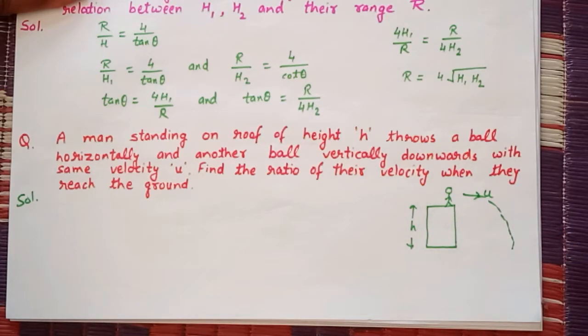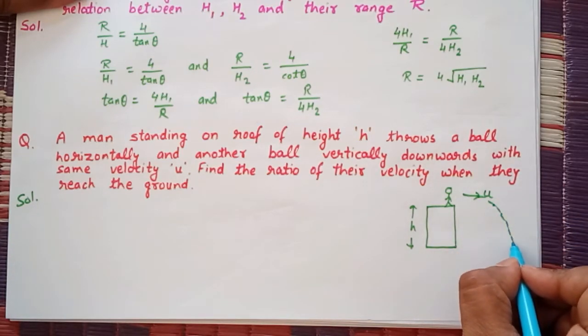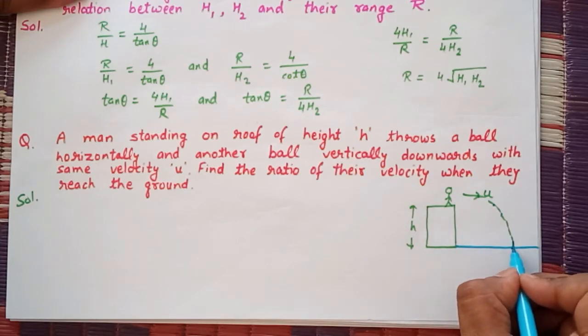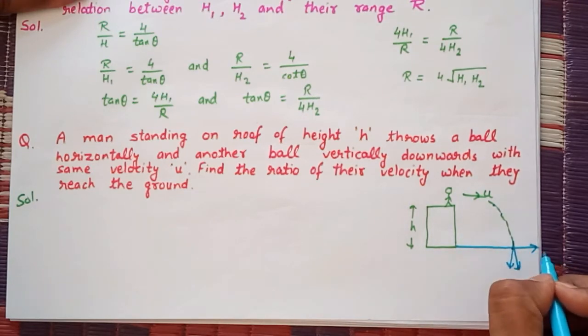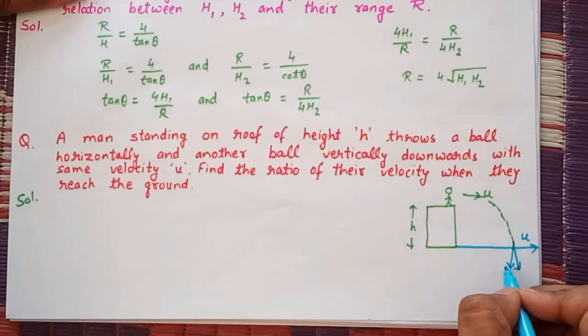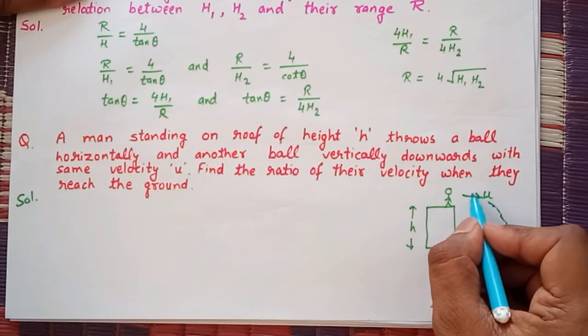First of all, when the ball is thrown horizontally, the horizontal component remains the same. So when the ball comes downwards, its horizontal component will be u. What will be its vertical component? Initially the vertical velocity was 0 in this case.